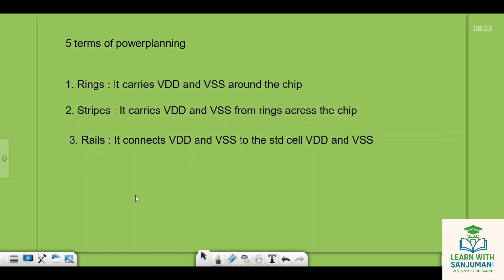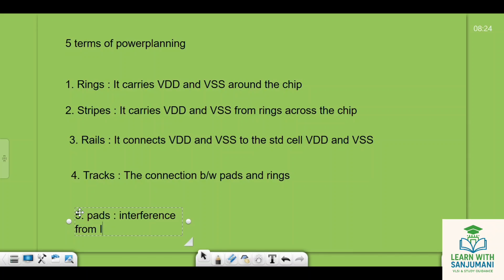Now the fourth term is tracks. We all know about the tracks. Simply see, tracks is nothing but the connection between pads and rings. Before going to this, I will tell you about pads also. So now the fifth one is pads.